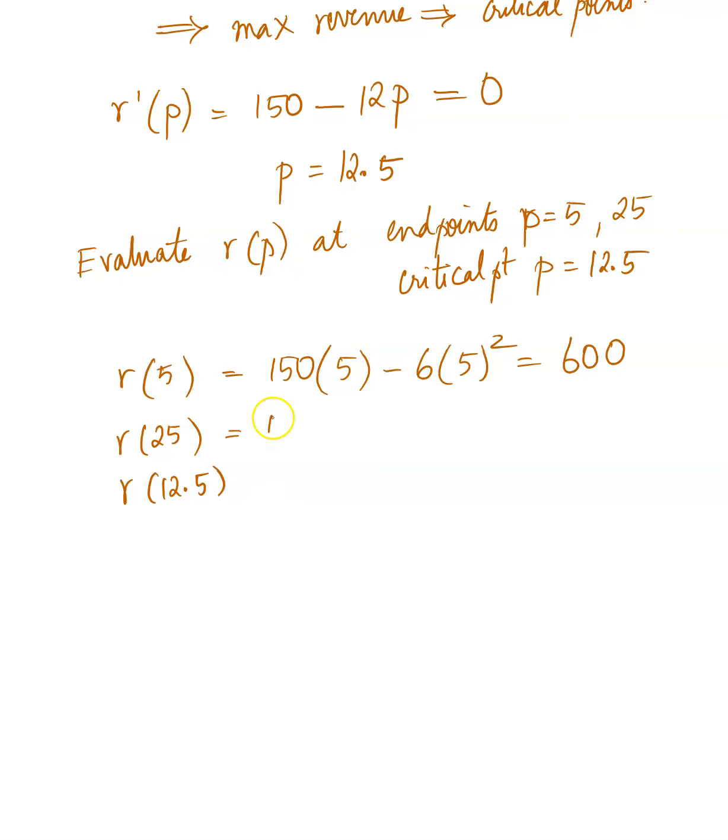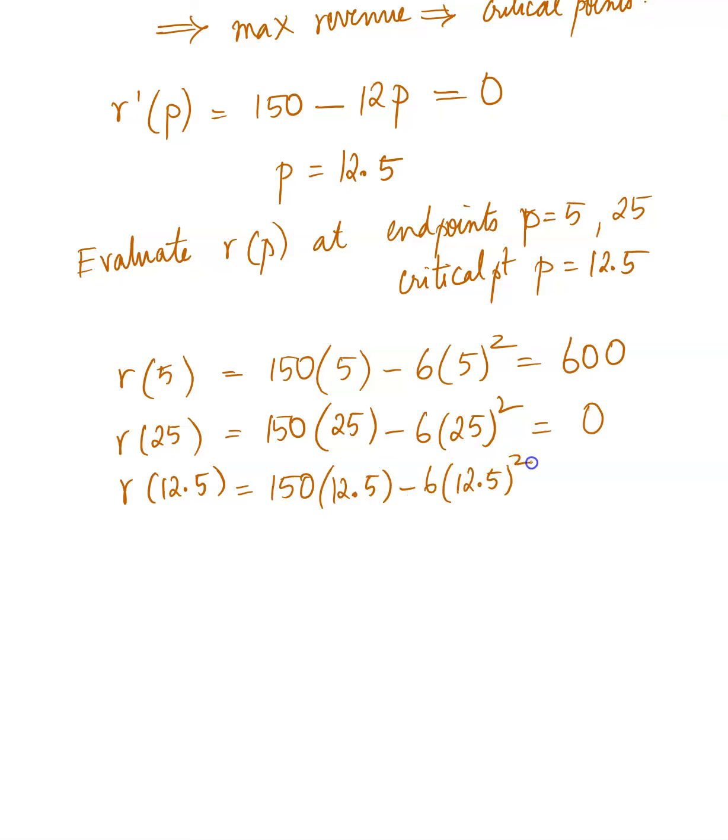Then this is 150 times 25 minus 6 times 25 squared. That is a 0. And lastly, R of 12.5 comes out to be 937.5. So among these three, we clearly see that this one gives us the maximum value.